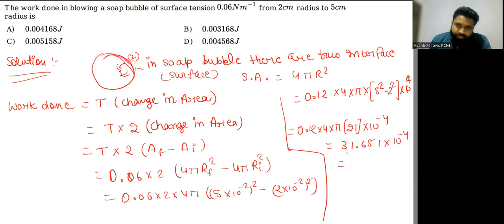So if you take it, it will become 0.3003168 or 65, you can say. So it is matched by this option. So option B is the correct option.